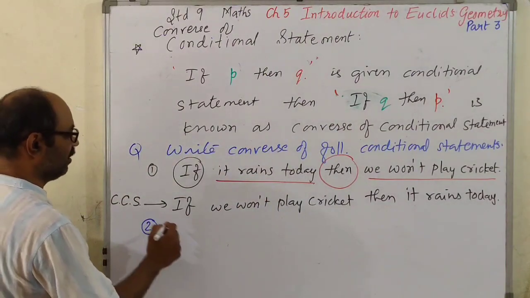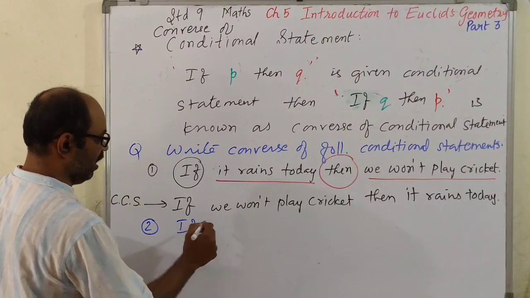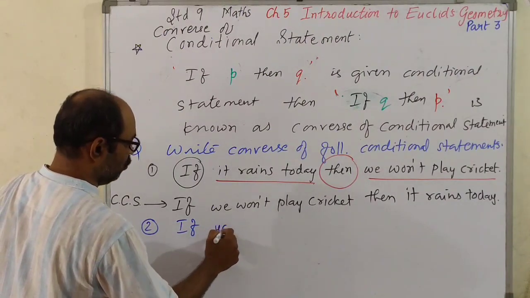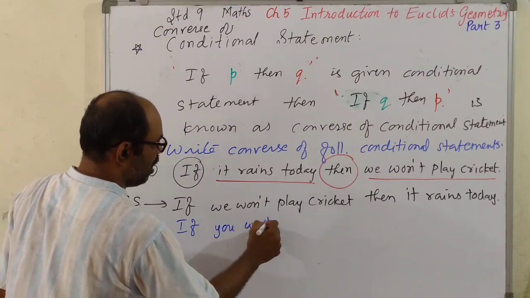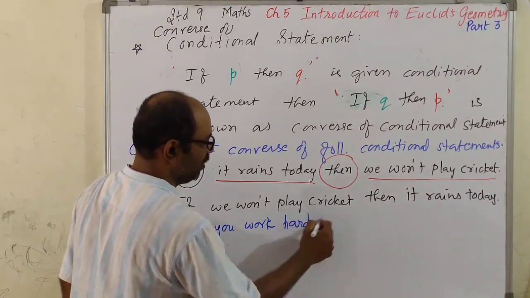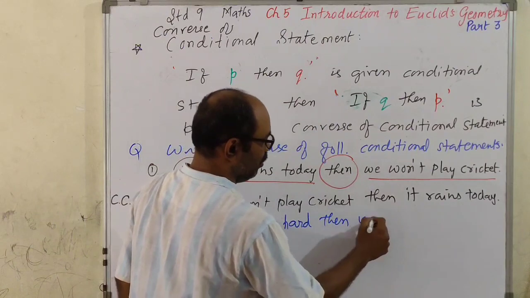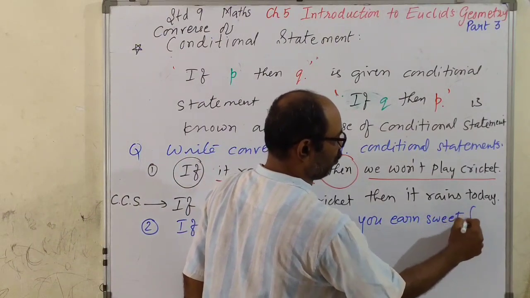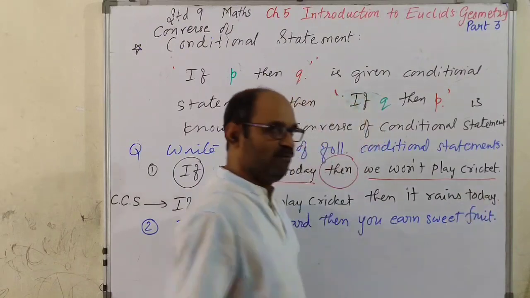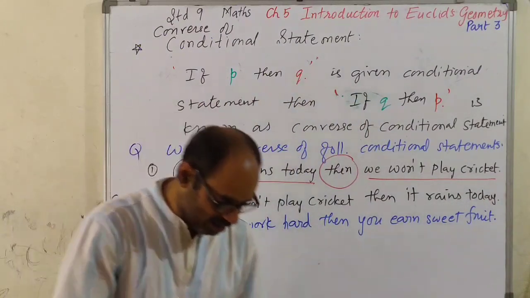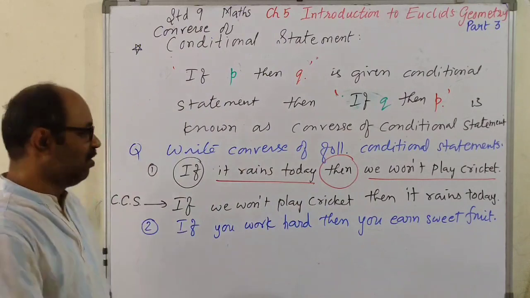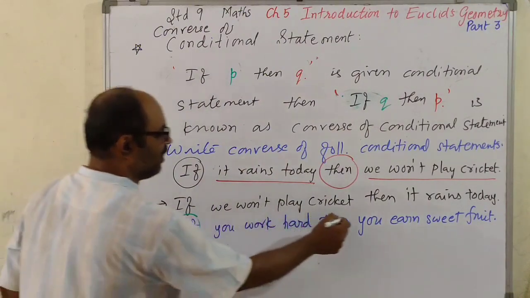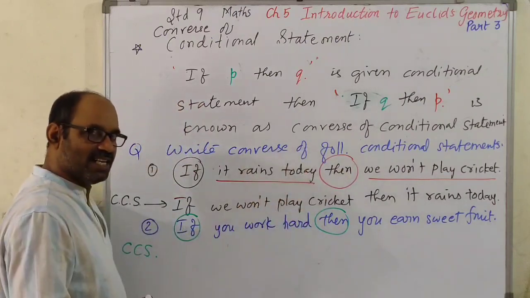Next, second. If you work hard, then you earn sweet fruit. If you work hard, then you earn sweet fruit. What is converse of this? Converse conditional statement. If and then is there. So this is conditional statement.